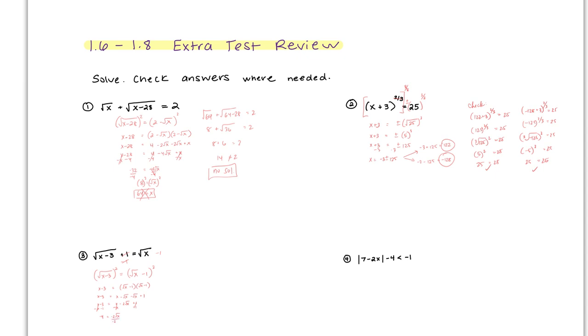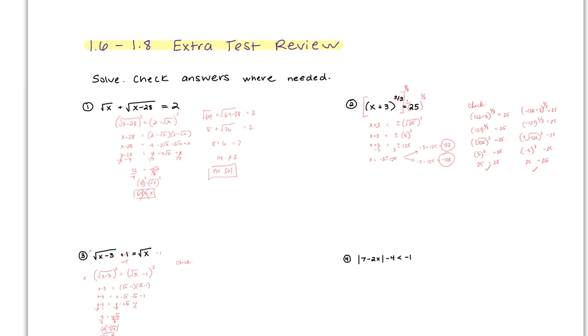I'm going to divide by negative 2. So I'm going to get positive 2 equals radical x, and I'm going to square both sides to free up that x. So I'm going to get x equals 4. So this is my solution, but I still have to check it. I can go to this one, or I can go to the original.